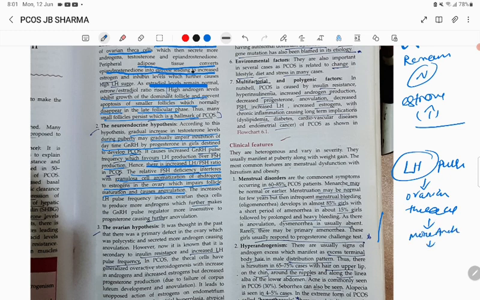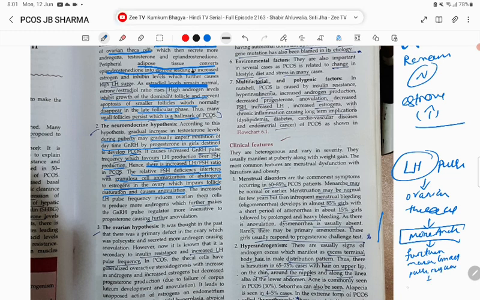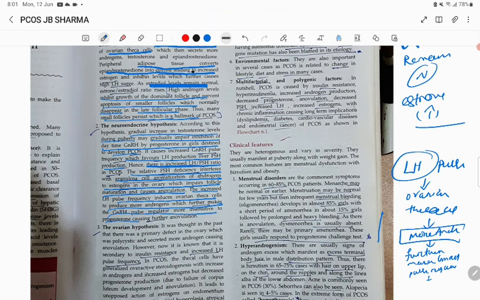That will make the GnRH pulse generator more insensitive to progesterone. The increased LH pulse frequency induces the ovarian theca cells to produce more androgen, which further makes the GnRH pulse generator more insensitive to progesterone, causing further anovulation.